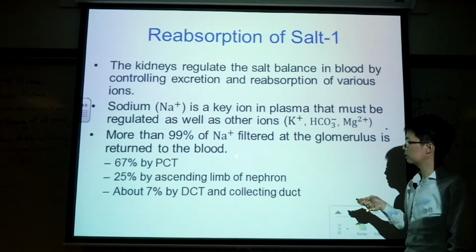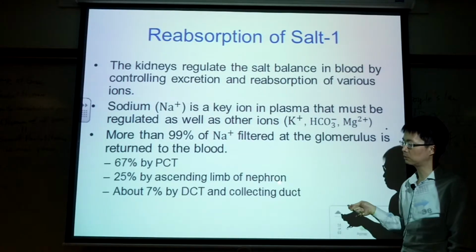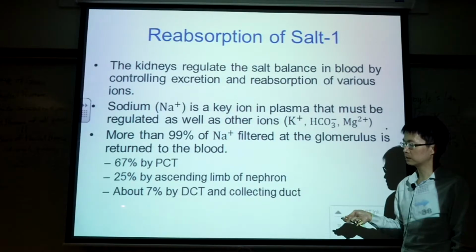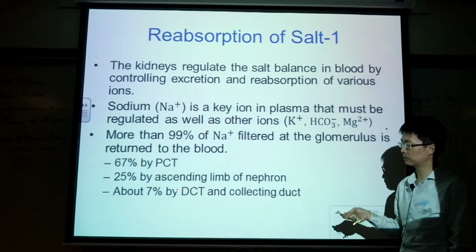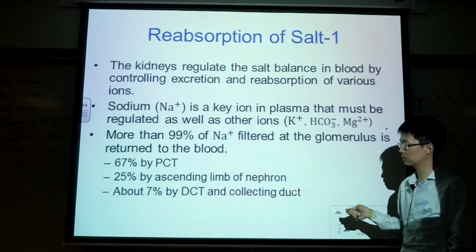And then they are returned to the blood. Approximately 67% is reabsorbed by the PCT, and then 25% is reabsorbed in the ascending limb of the nephron, meaning the loop of Henle. So 25% by the loop of Henle, and then last but not least, 7% of the sodium is reabsorbed by the DCT, distal convoluted tubule, and the collecting duct.